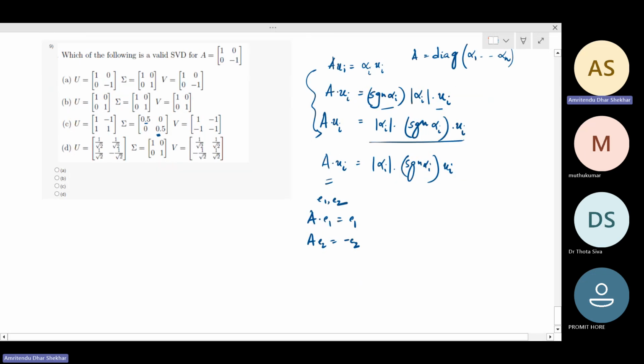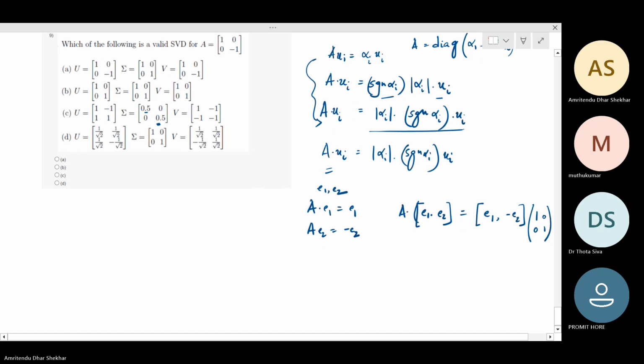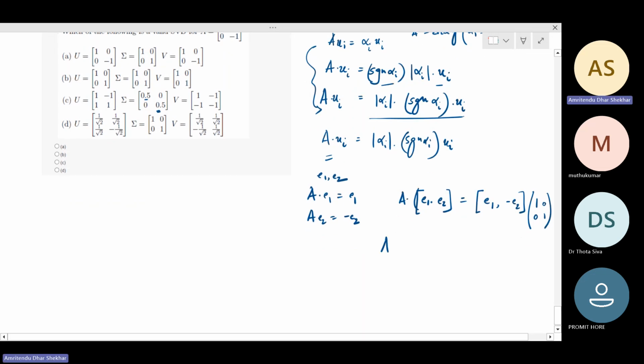You write A times [E1 E2] equal to [E1, minus E2] times the matrix 1 0 0 1, and this [E1 E2] is just the identity matrix, I 2 cross 2.